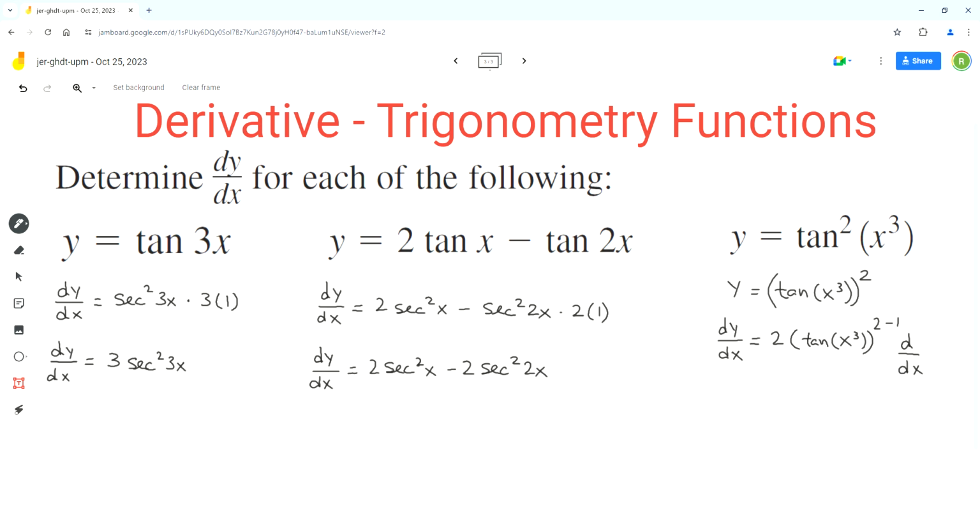inner function. Now the inner function is a composite function, so we'll have to find the derivative of it using chain rule. So we'll do that in the next step, but in this step, we'll just show that we have to find the derivative of the inner function, which is tan x cubed.